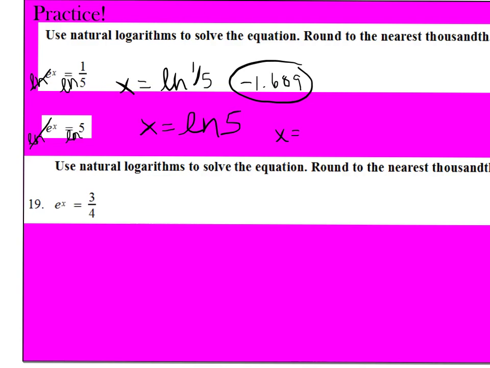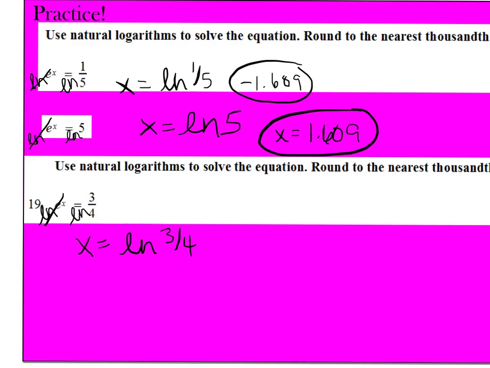And in the last example, ln cancels on the left. I have x equals ln of 3/4. When I put that in my calculator, I get negative 0.2877.